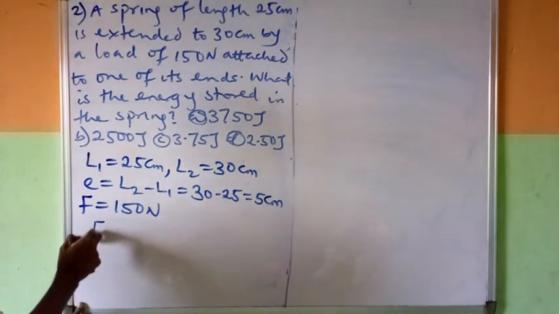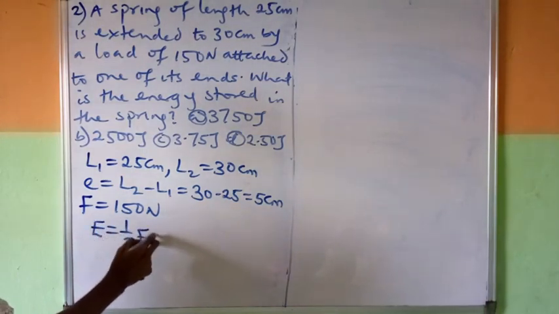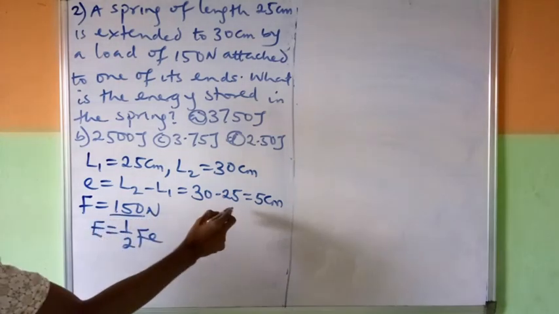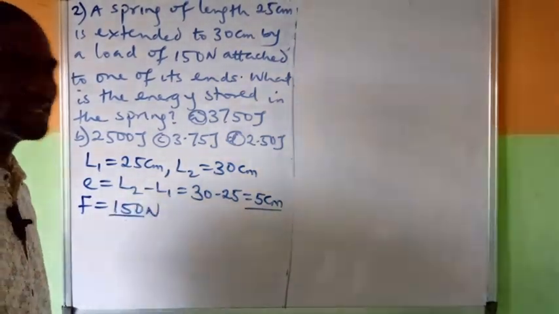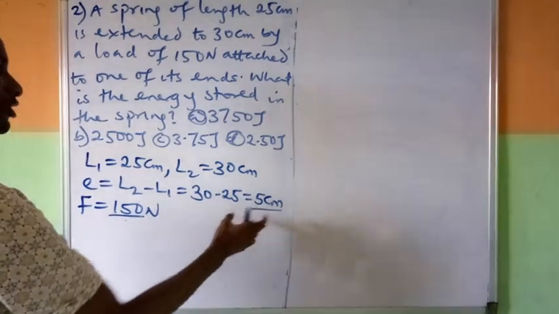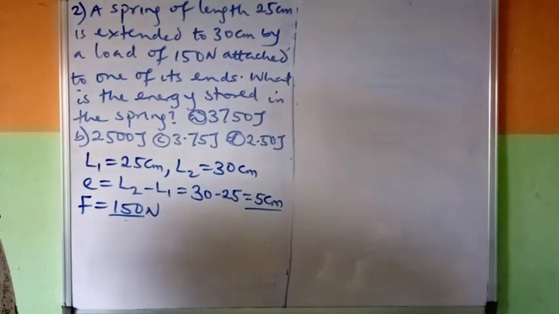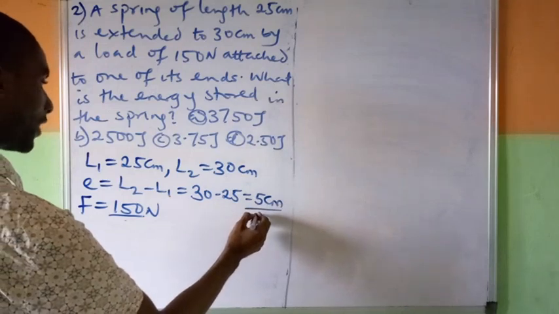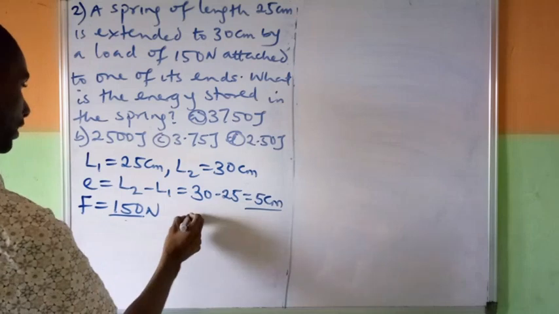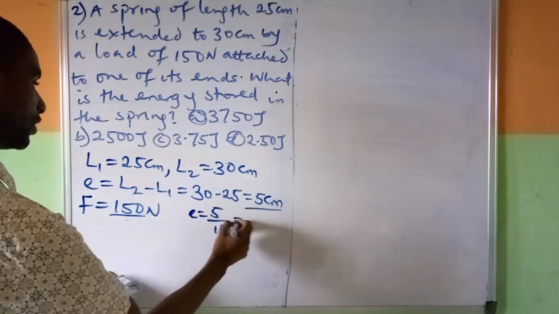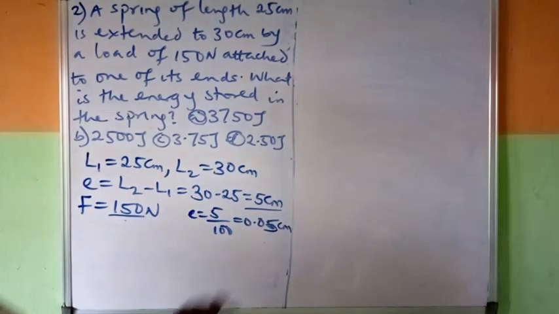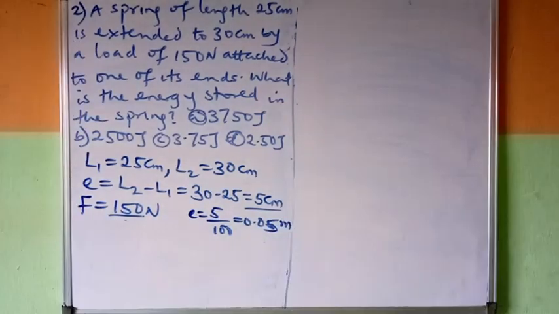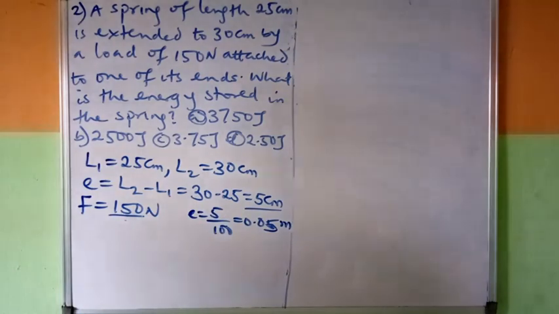So how do we calculate the energy stored? Energy stored is half Fe. We have our force and we have our extension, but centimeters need to be converted to meters. You recall, how do you convert from centimeter to meter? You either divide by 100 or you multiply by 10 raised to power minus 2. So our extension will be 5 divided by 100, which is 0.05 meters.